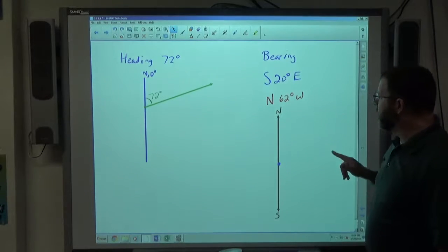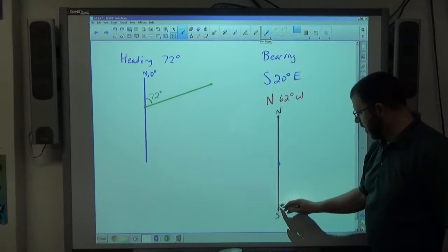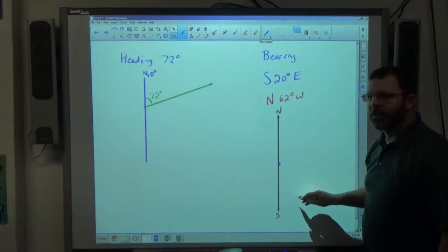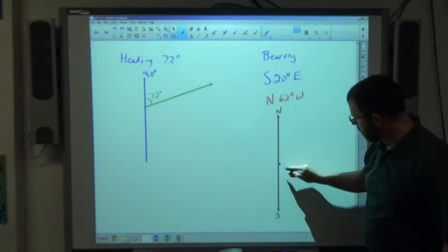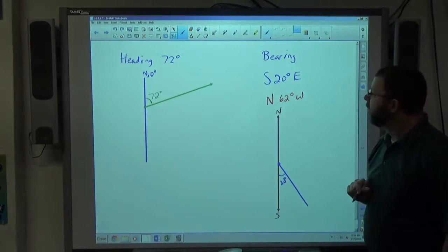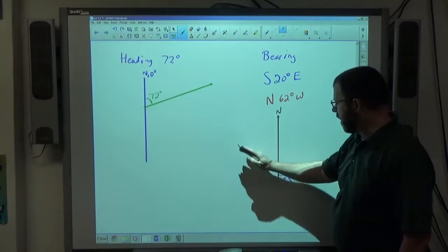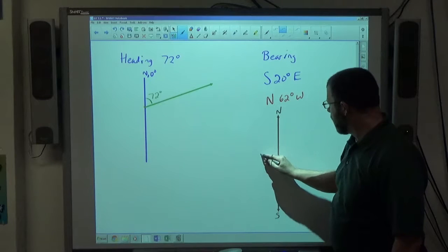South 20 degrees east means that I'm looking south, and then I turn my gaze 20 degrees to the east of south. So the 20-degree angle will be right here. If I'm looking at north 62 degrees west, I'm looking north, and I turn my gaze 62 degrees to the west.